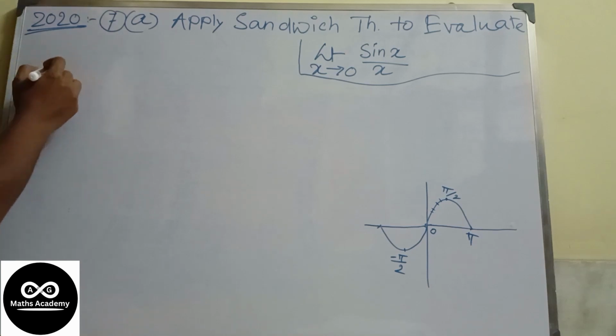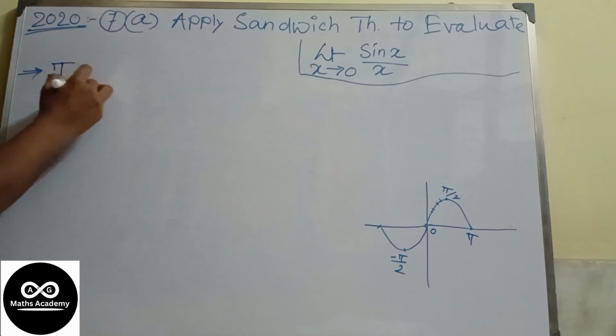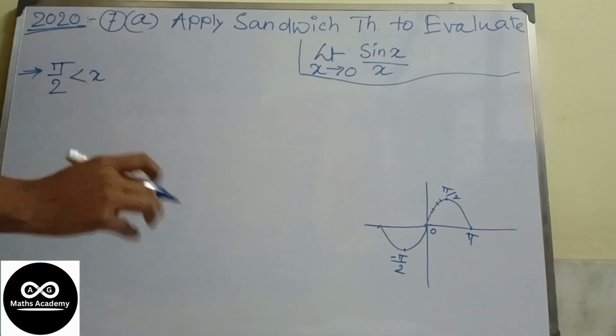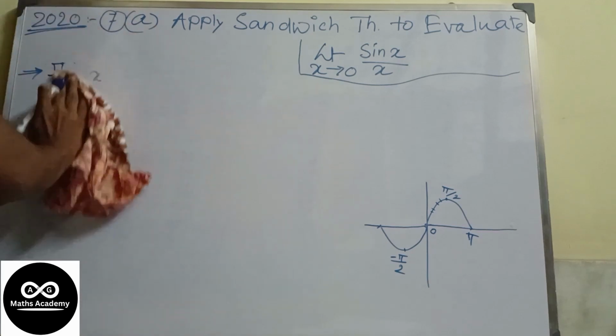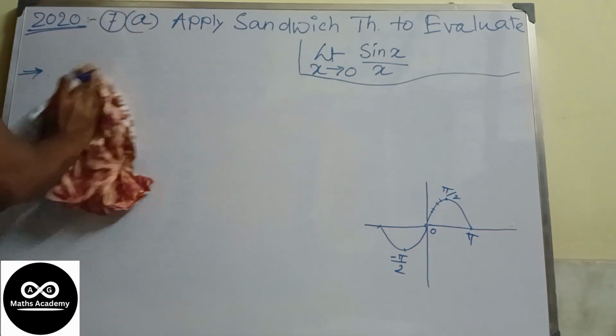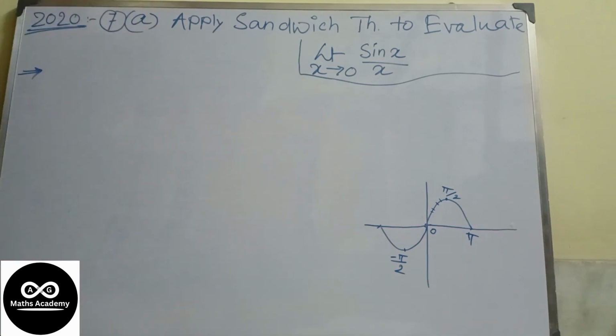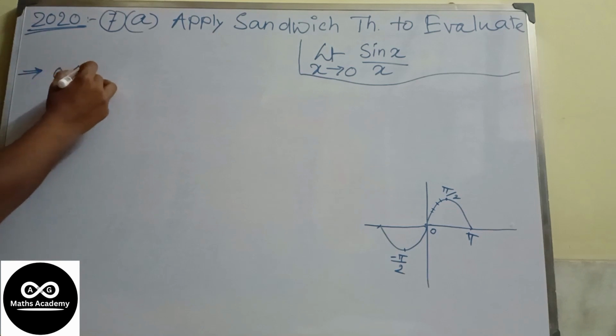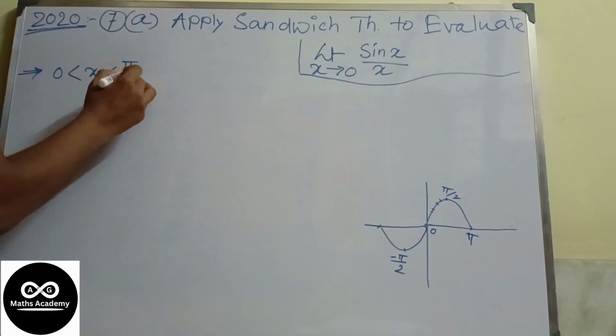For the right hand limit, we are taking x in between 0 and pi by 2.